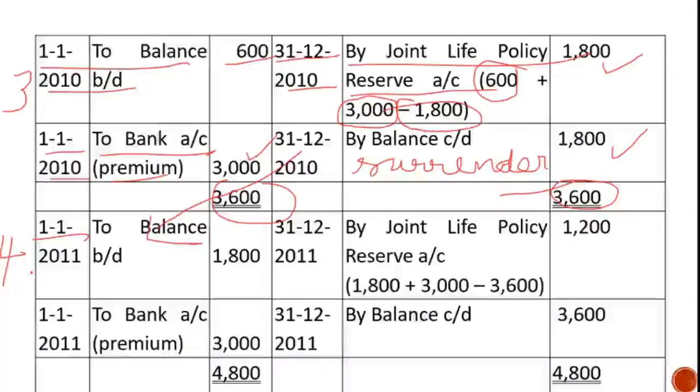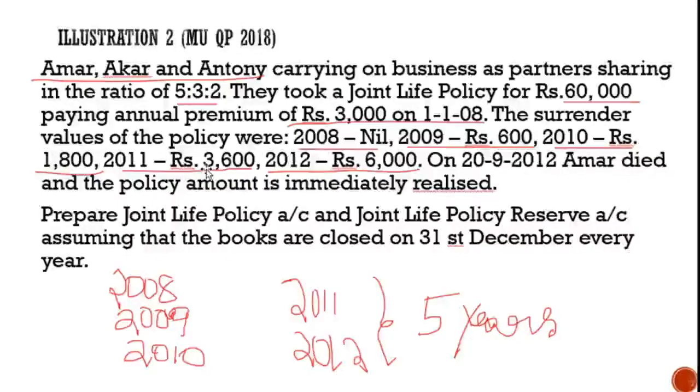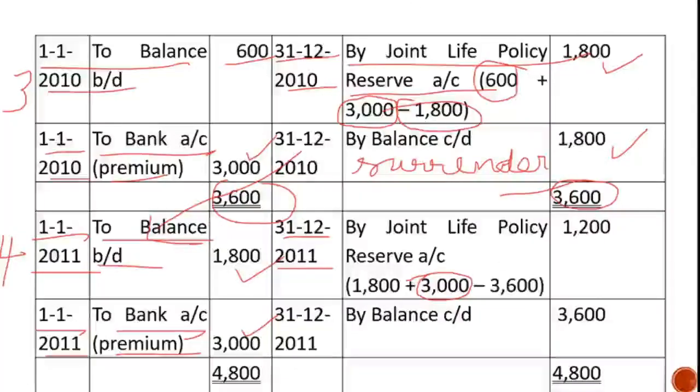So in the beginning of the fourth year, you record as to balance brought down 1800, and the annual premium will be paid to bank account. It is 3000. Then at the end of the year, from this annual premium paid, you deduct the surrender value. Surrender value given for 2011 is 3600. So you have to reduce the surrender value.